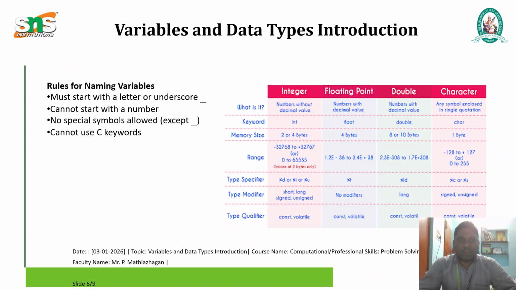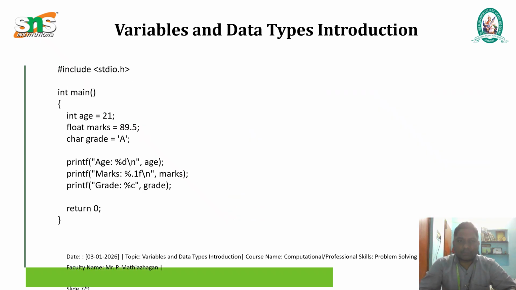Next, the rules for naming a variable: it must start with a letter or an underscore, it cannot start with a number, no special symbols are accepted, and a keyword cannot be used. These are the rules for naming variables.